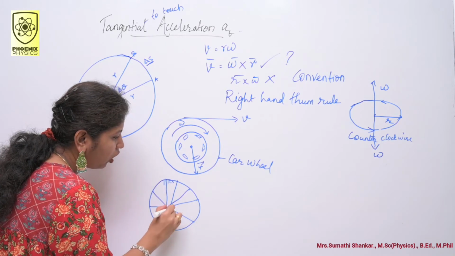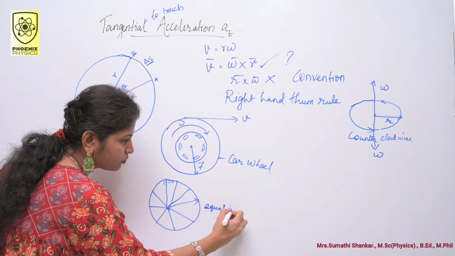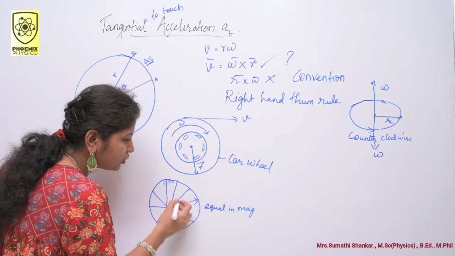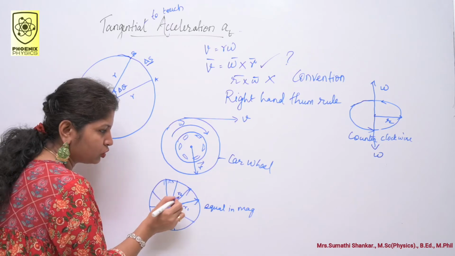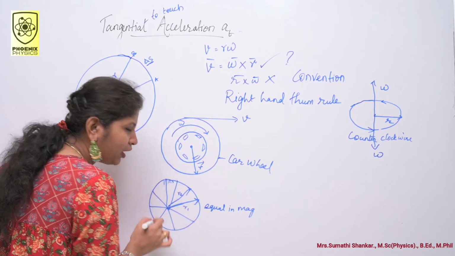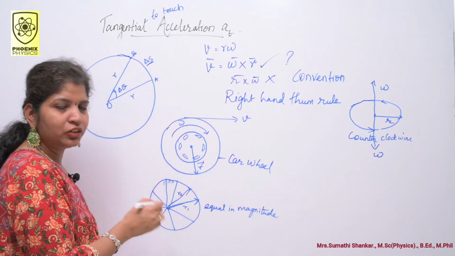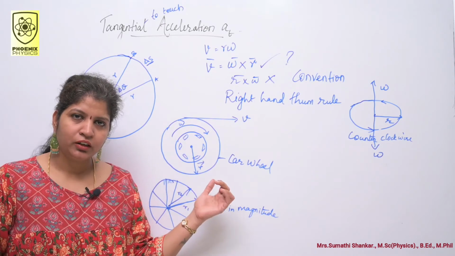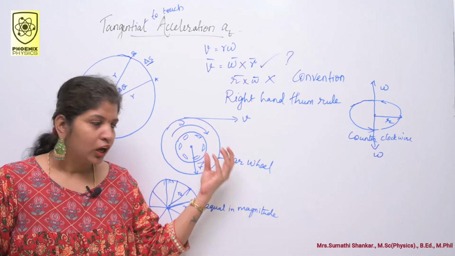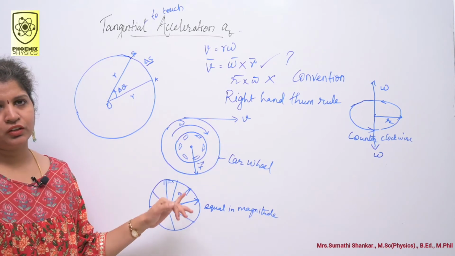So all the radii are equal in magnitude, but the direction is different, right? R1 is in this direction, R2 is in this direction. So here r is equal in magnitude, but the direction is different. So radius is a vector directed radially outward from the center of the circle.